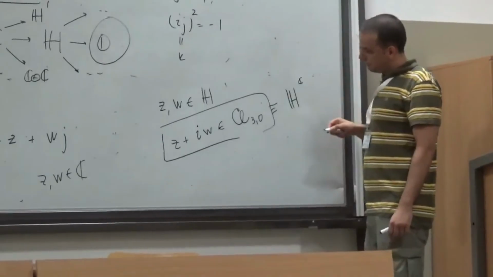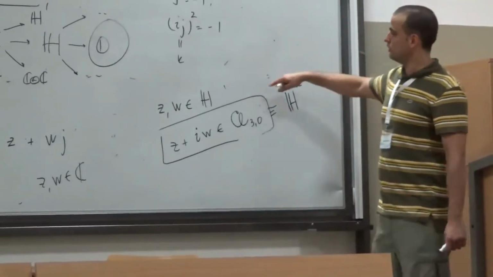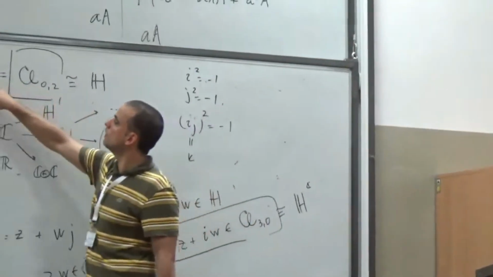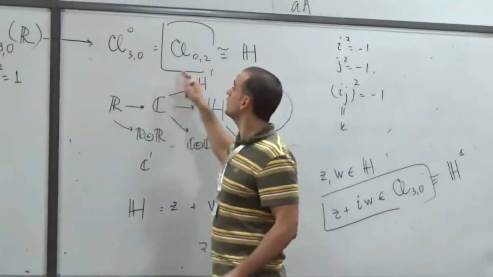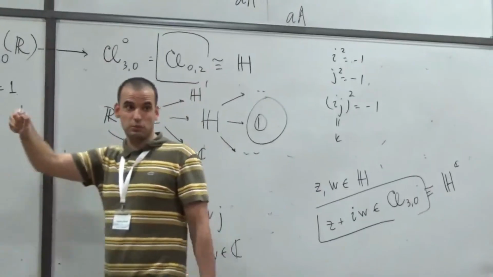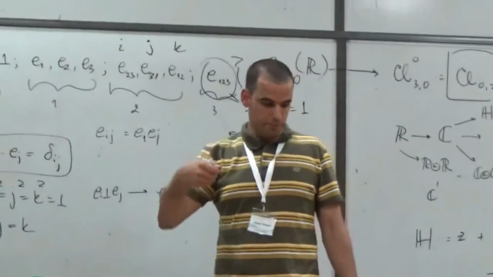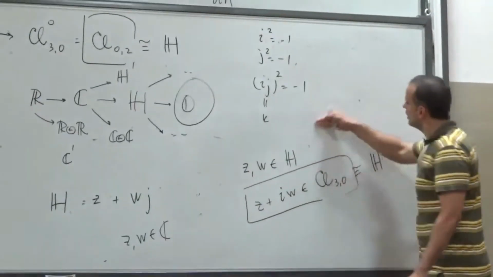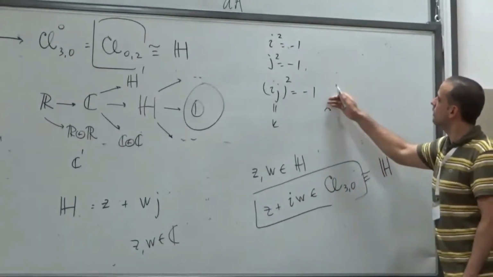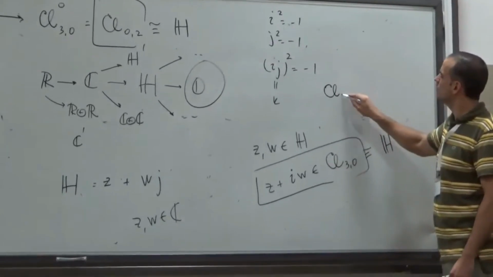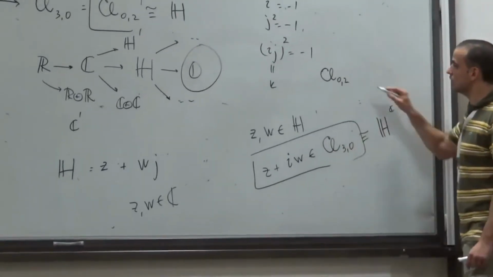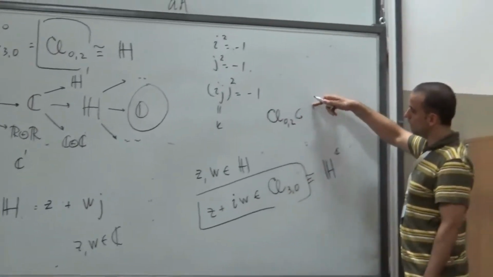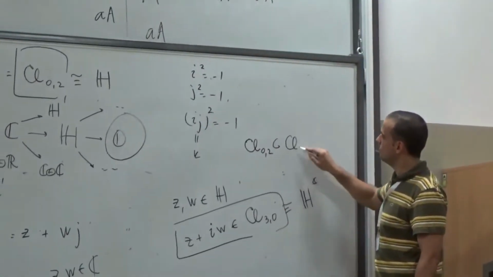And if you want to follow this process from two-dimensional to three-dimensional space, the next one will be the one of space-time. So if you want to continue with this, you have the quaternions, which I'm going to write in different algebra positions, which are the even subalgebra of the three-dimensional one.